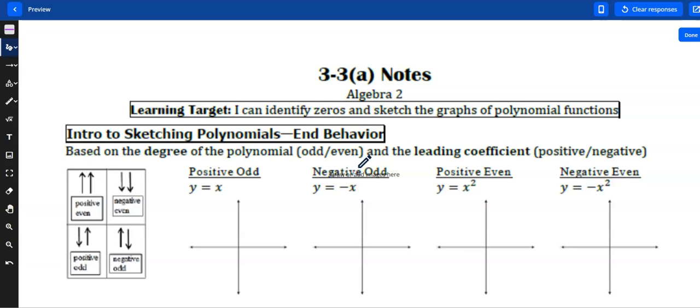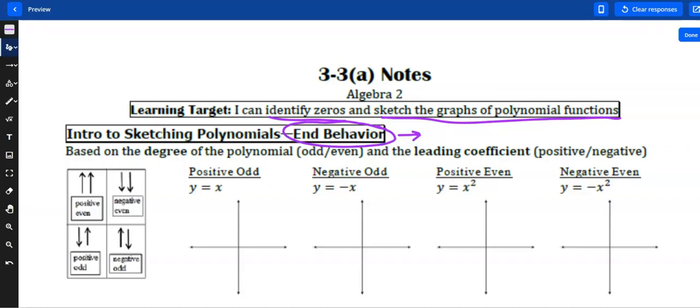All right, so in section 3.3a, we want to be able to identify zeros, and then we want to sketch graphs of polynomial functions. We need to have an idea in our mind of what a couple things are going on here. There's a term called end behavior.